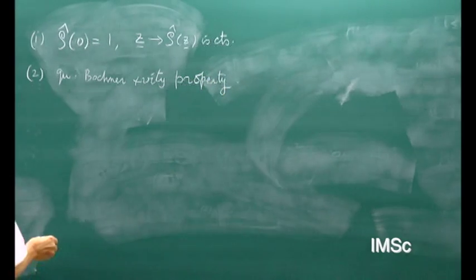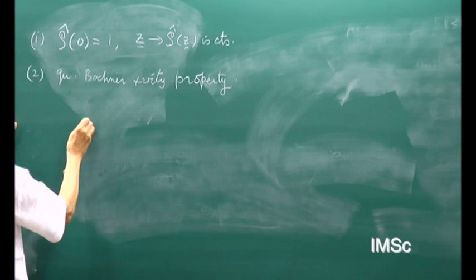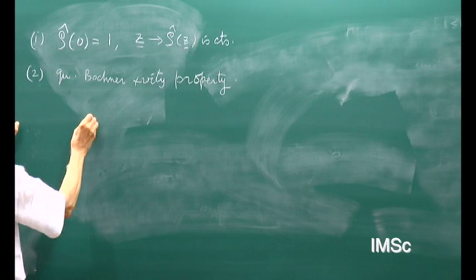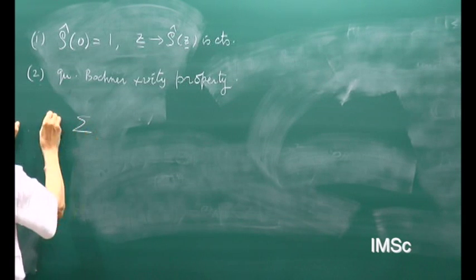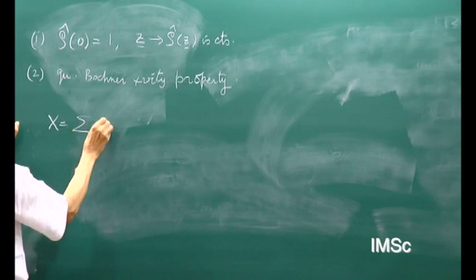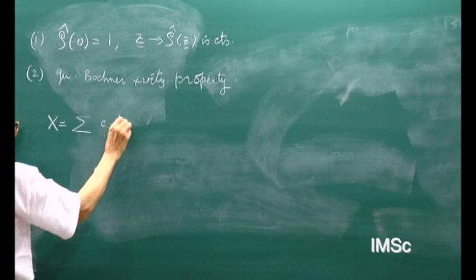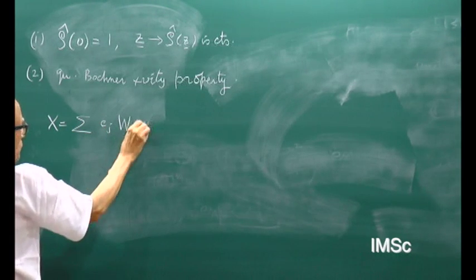And it is proved exactly as in classical measure theory, namely consider any operator of the form X = sum of Cj W(Zj), these are the exponentials.